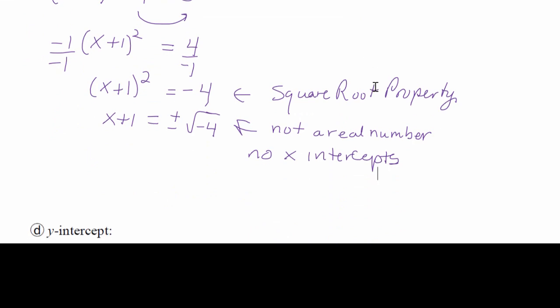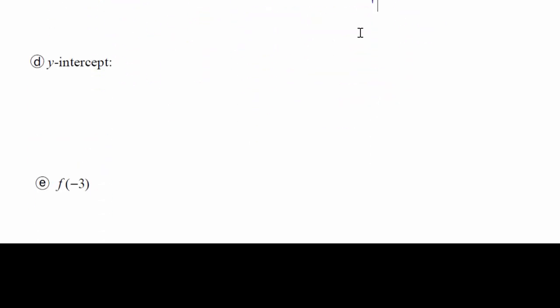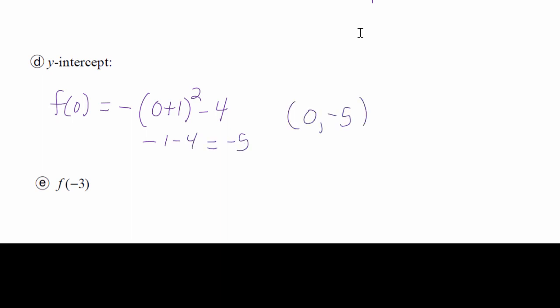Okay, y-intercept. So set x equal to 0. So we have f of 0. So let's see. 0 plus 1 squared, negative of that, minus 4. So we have a negative 1 minus 4, so negative 5. So our y-intercept is 0, negative 5. So we don't have x-intercepts, but we do have a y-intercept.